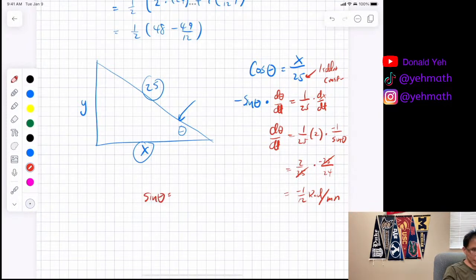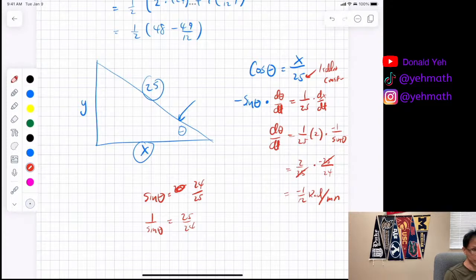I'm going to write down sine of theta is 24 over 25, right? 1 over sine is what? 25 over 24, which is why I cancel out the 25, and that's negative 1 over 12. And those of you guys remember, how many degrees is 1 radian? 57. Good.